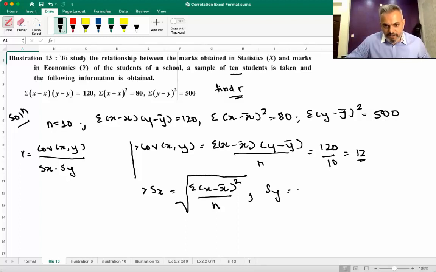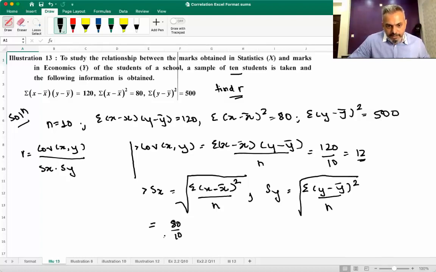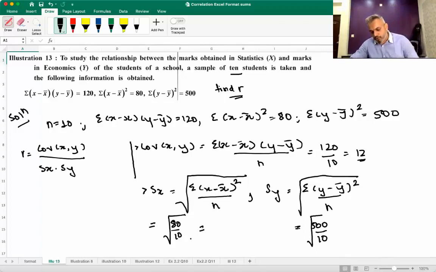Standard deviation of y is sigma y minus y bar the whole square upon n, the whole under root, which is equal to 80 upon 10 the whole under root, and 500 upon 10 the whole under root. Use the calculator.